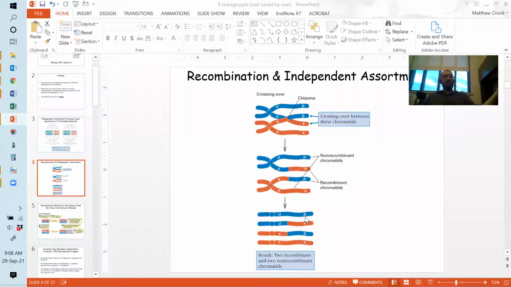That's essentially saying every single time that a cell goes through meiosis, you will have recombination between those 2 genes, right?